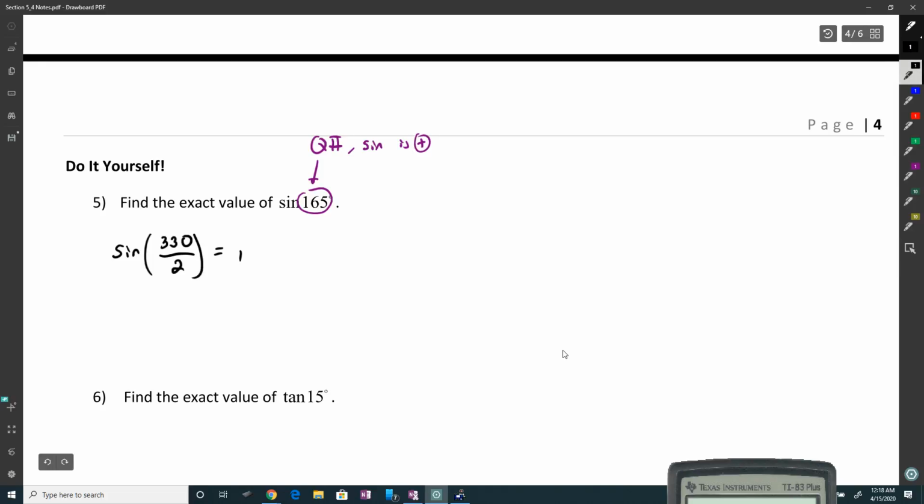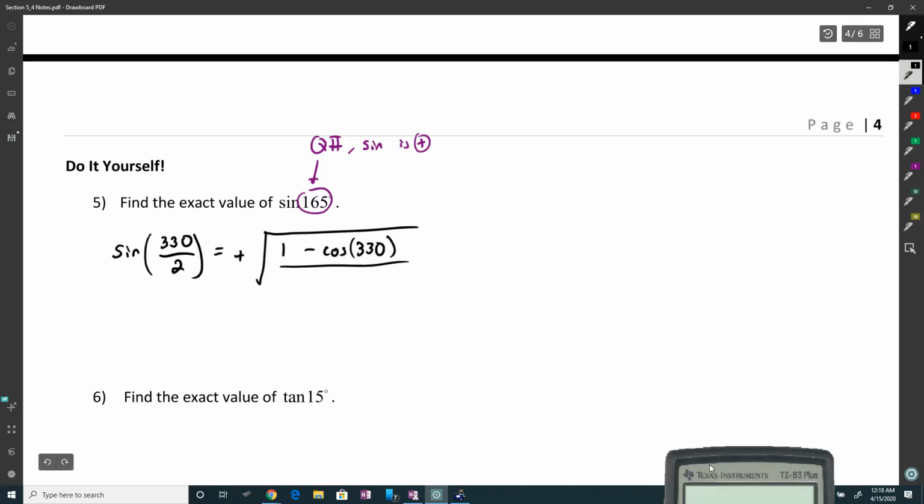So I know that this is positive, but from then on, I just plug and chug. I have the square root of 1 minus cosine of 330 over 2.